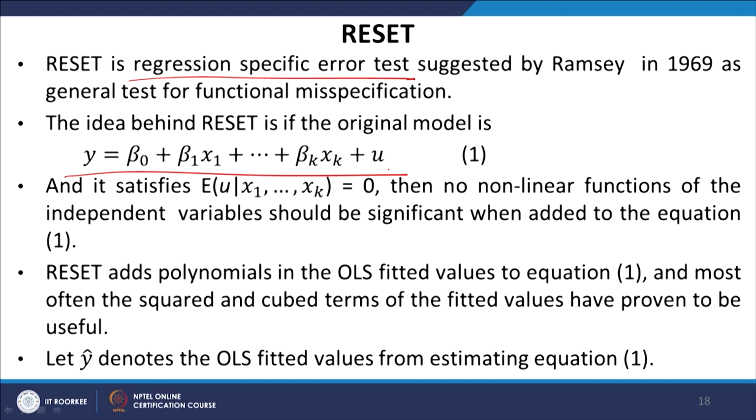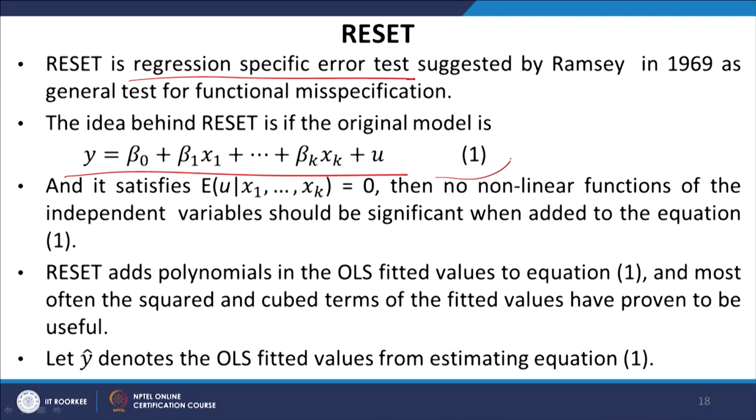So, now we are basically trying to find out a model misspecification where the model could have some nonlinear functions of the independent variables. That is the example we gave in the beginning, that there could be experience square in the specification also. So, whether that experience square has been missed out or not could be given by RESET.